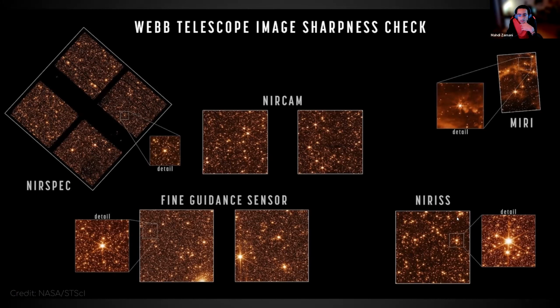There is another imaging instrument called NIRISS, which has the same characteristics as a single NIRCam sensor, but it can be used in parallel with other instruments to study a parallel field while other instruments are observing the central field.